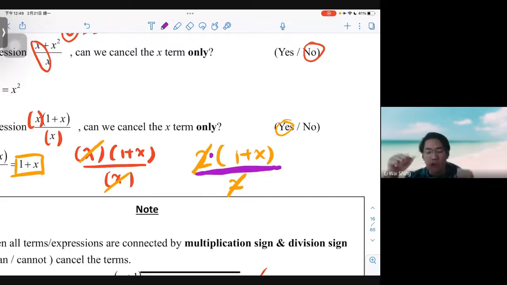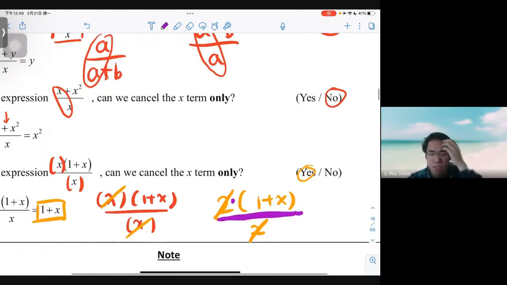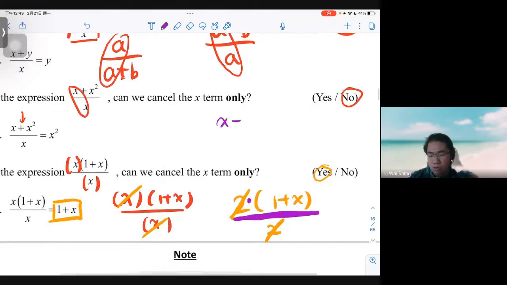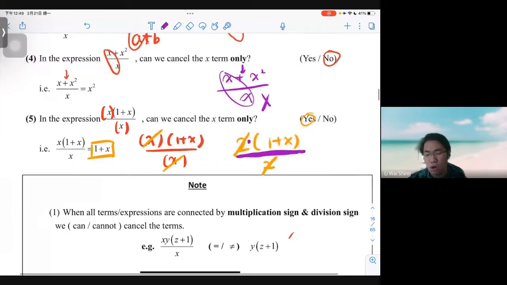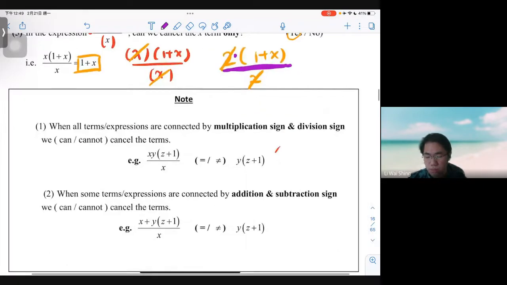如果所有 terms 都係用乘或者除號連接住嘅，我哋就可以 delete 啦。但係當我哋用加號去連接住佢嘅時候，我哋就唔可以 cancel 啦，因為有加減號就唔 cancel 得，乘除號就可以 cancel。Okay, so that's the rule. When we are connected all the things by multiply sign and divide sign, we can cancel out the term.